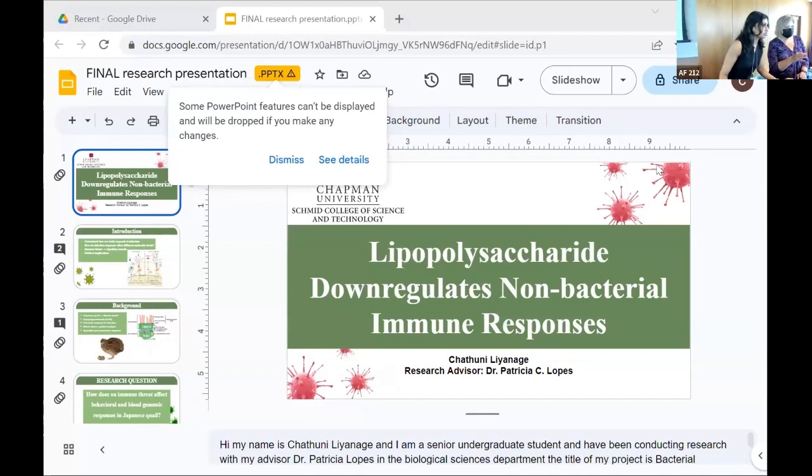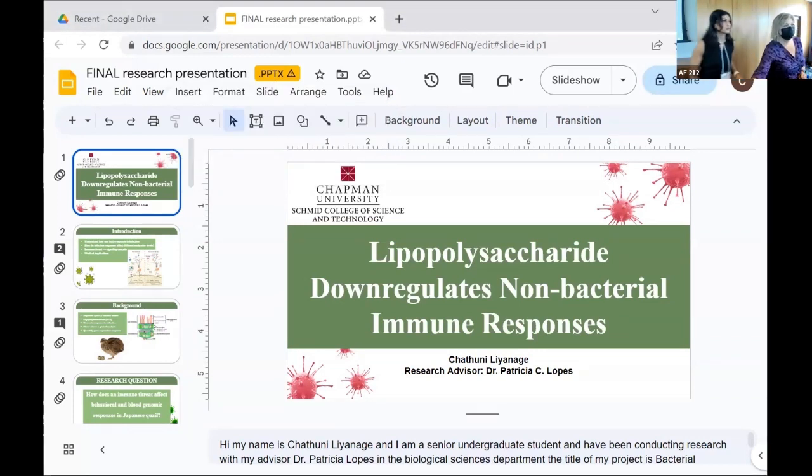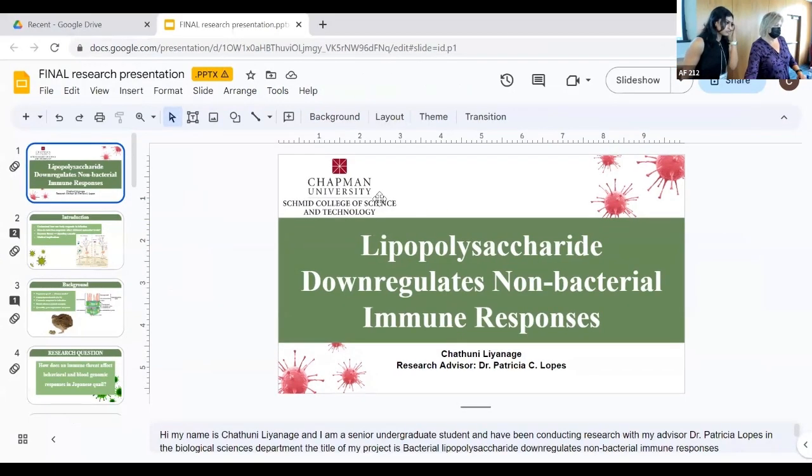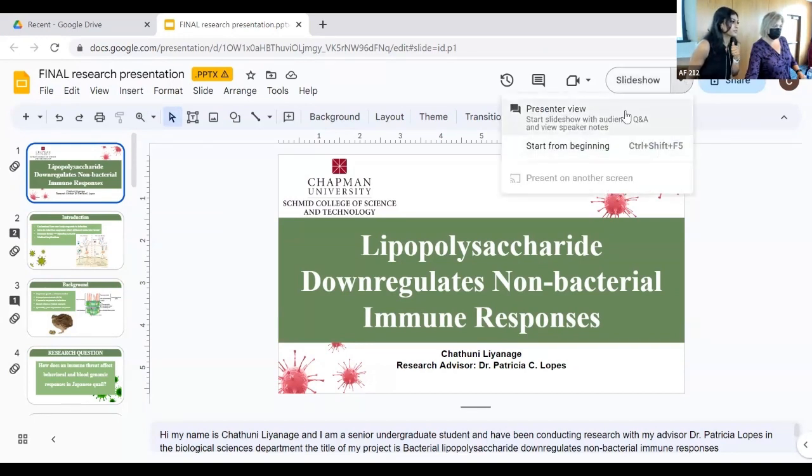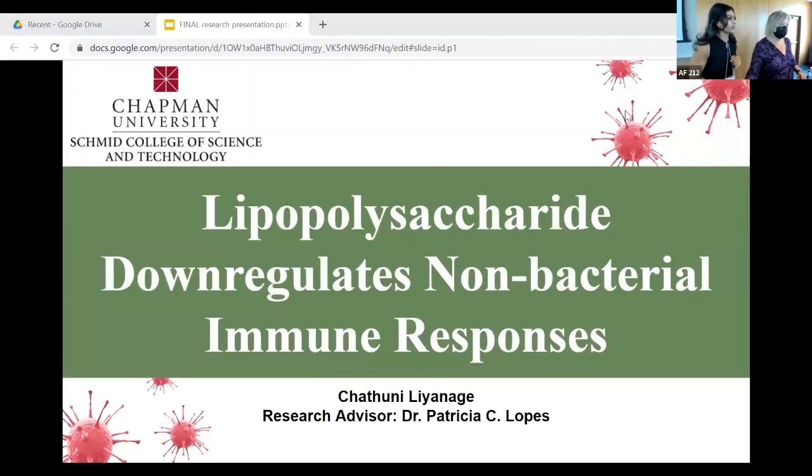Now you can probably expand your screen. Is there a way to remove that?